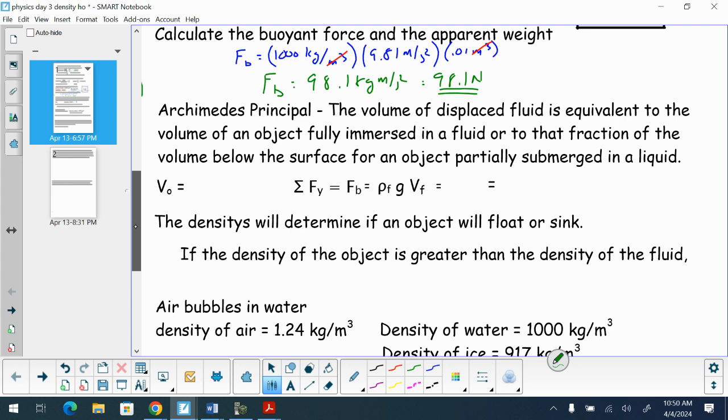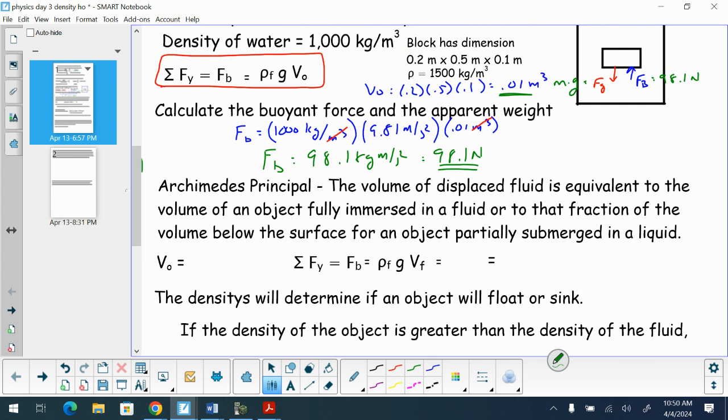So we can calculate our mass as volume times our density. We calculated our volume to be 0.01, and our density is 1,500. So we have a mass of 15 kilograms.